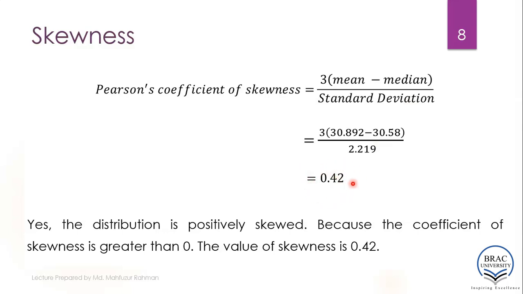So according to the skewness rule, we can say that the distribution is positively skewed because the coefficient of skewness is greater than 0. Any positive value tends to make the distribution positively skewed, and the value of skewness is 0.42.